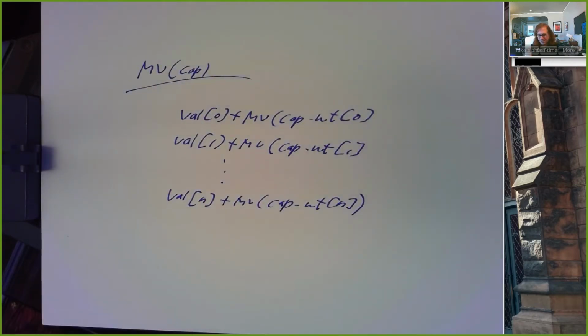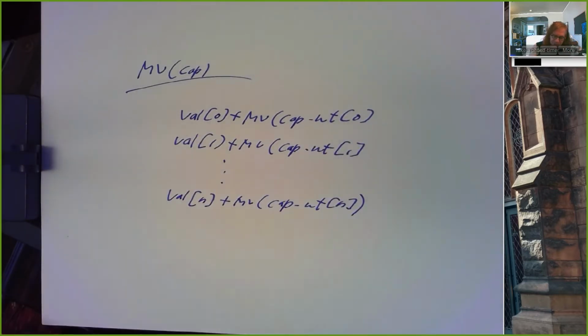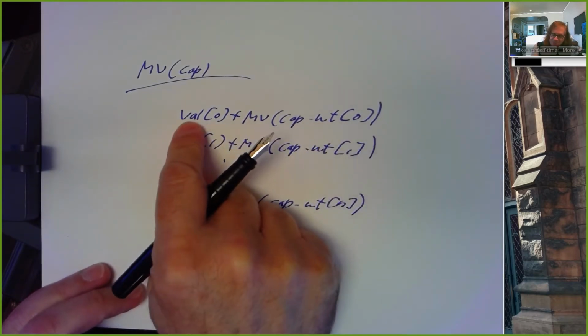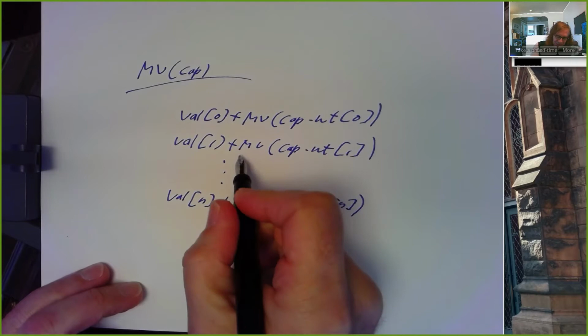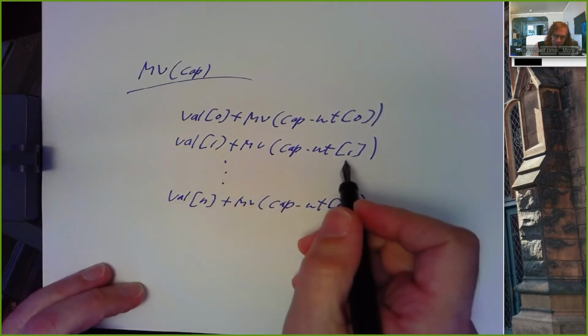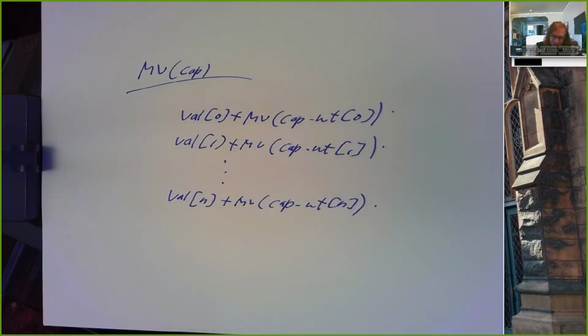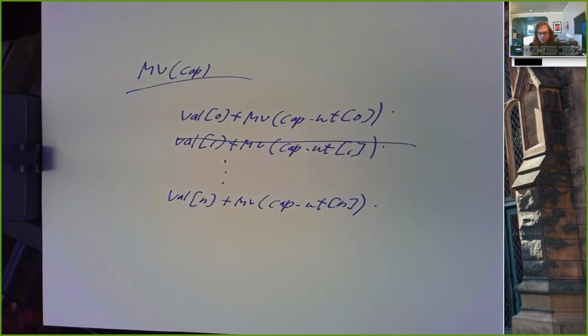Right, so if we have n plus 1 items to choose from, take the value of the first item, take its weight away from your capacity, find the maximum value you can get in the rest of the bag, add that to the value of the first item. If we put in item 1, take the weight of that away from the capacity, find the maximum value you can get out of the remaining space in the bag, and add the value of item 1. And do this for all the items in your list of possible items you can put in your bag. But be aware of two possibilities. One, if the weight is bigger than the capacity, don't do that calculation.